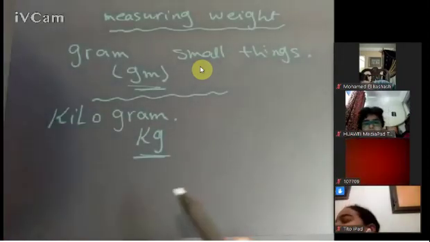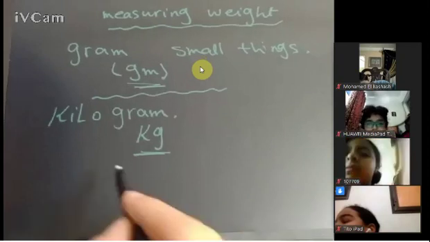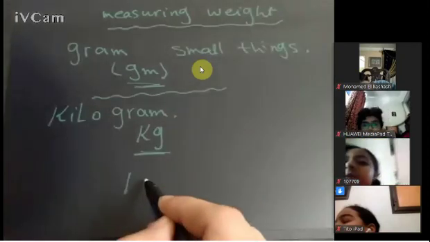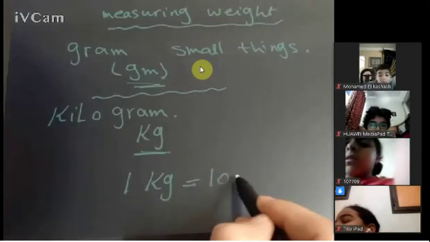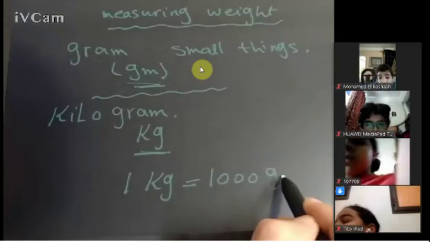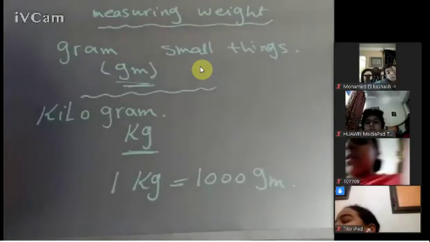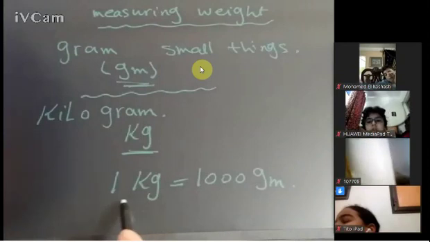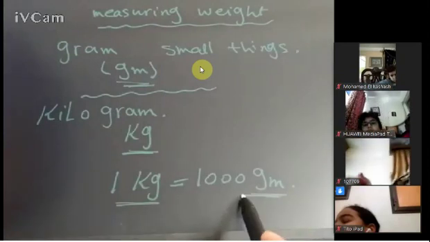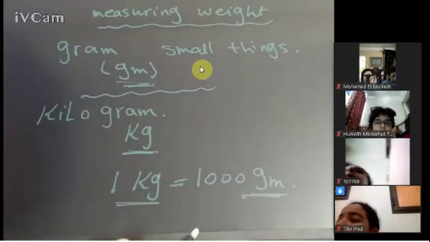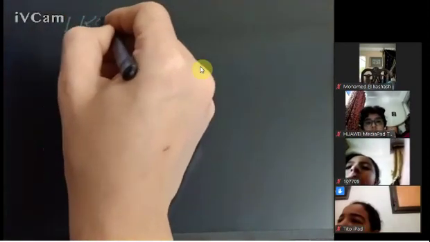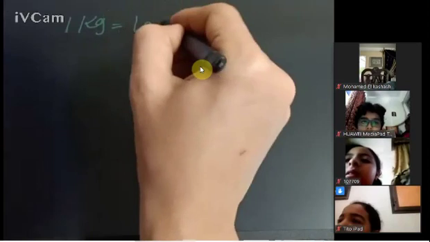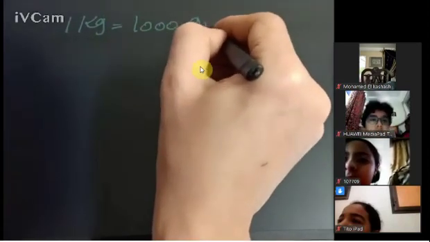Okay, what is the relation between kilogram and gram? 1 kilogram equals 1000 gram. So here it is again. 1 kilogram equals 1000 gram.